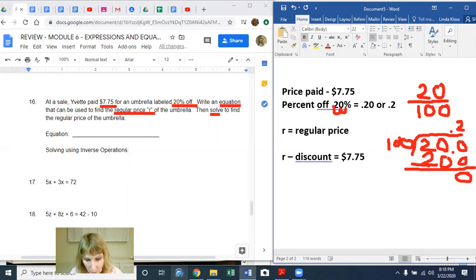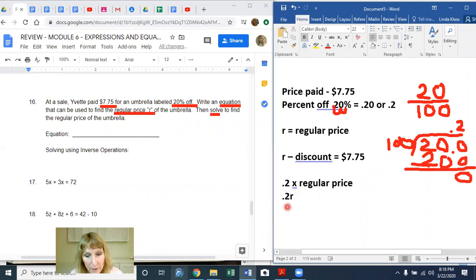Don't you take the decimal equivalent, 0.2 or 0.20, times the regular price, right? Yeah. So we know the regular price is represented by the letter R. So 0.2R represents 0.2 times the regular price.